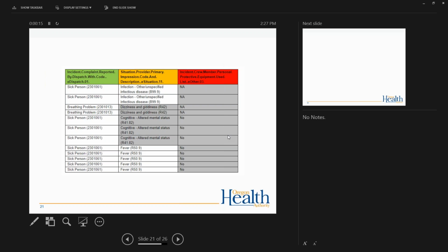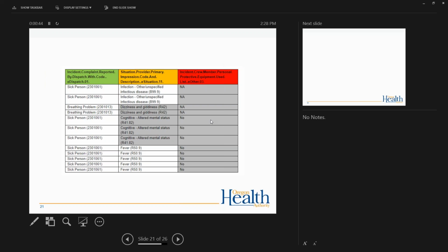So what you saw on the dashboard was suspected influenza-like illnesses. What you're seeing here, and you may have seen it before because we put it out in one of our weekly newsletters, is actually laboratory confirmed cases of COVID-19 that we know because Peter was able to link the OREMSIS data with the EMS data.